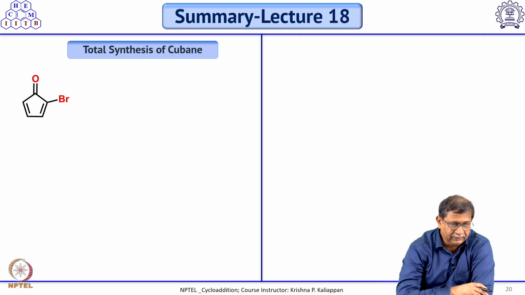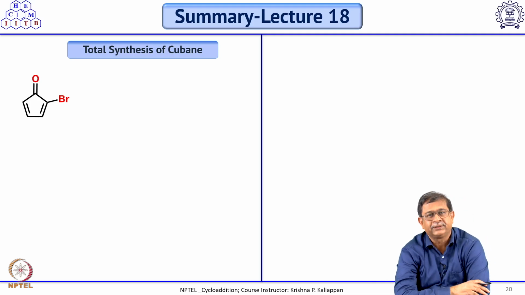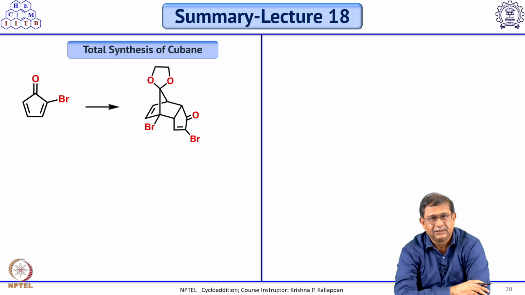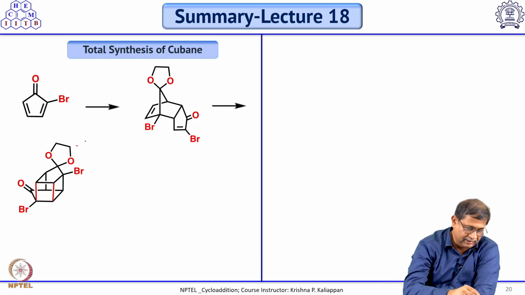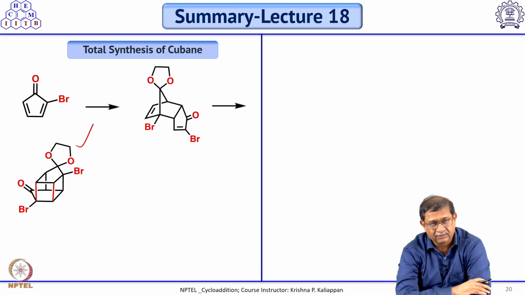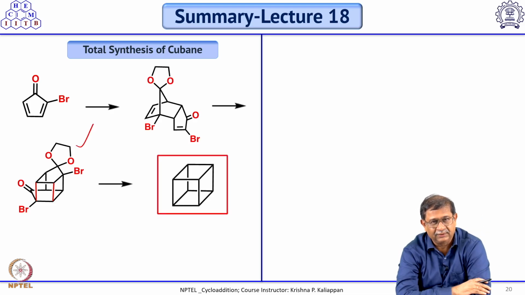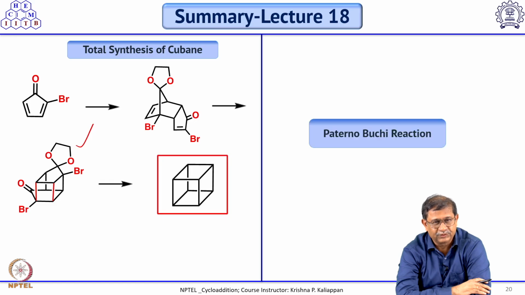In lecture number 18, we talked about the total synthesis of cubane, where two important reactions have been successfully used. One is the quasi-Favorskii reaction, two is intramolecular 2+2 cycloaddition to get this very ring-strained compound, and that was then converted into cubane in a few steps.